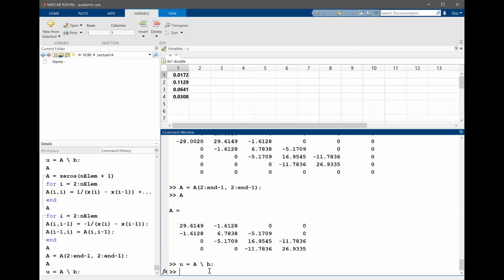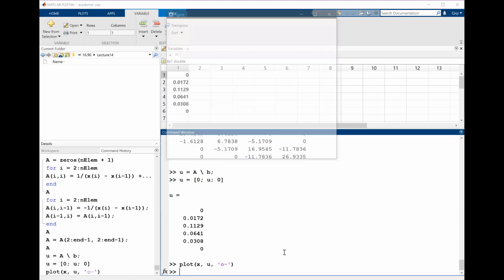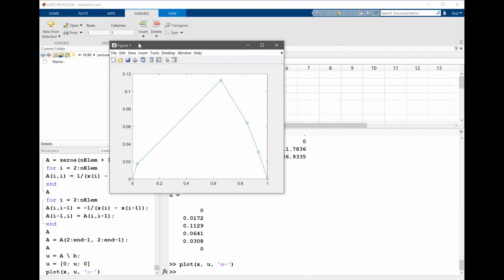So let's see how well that does. My u is equal to 0 in the left boundary, and 0 again on the right boundary, so that gives me the boundary conditions. Let's plot x, u to see what we get. As you can see, we have a very coarse grid, so we are missing the majority of the domain here.